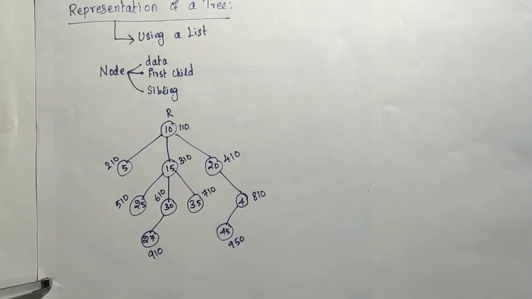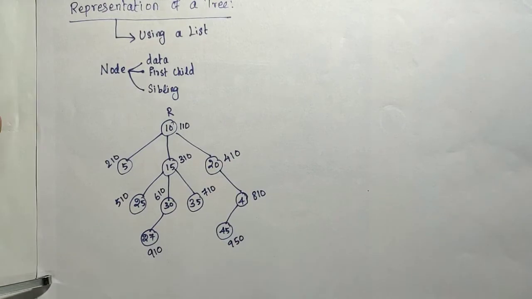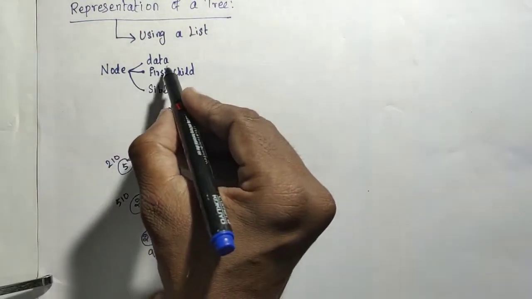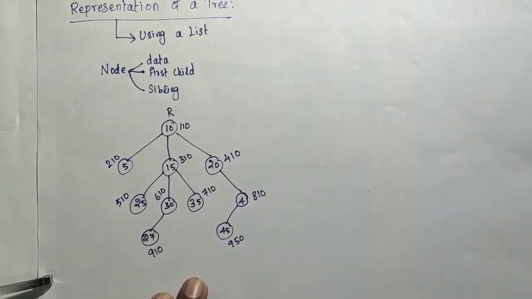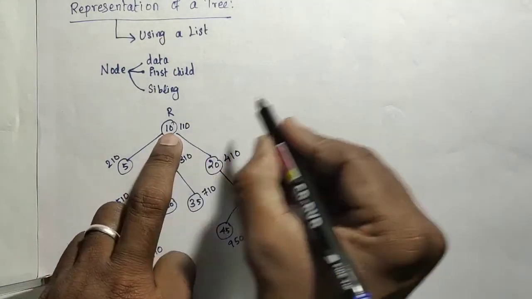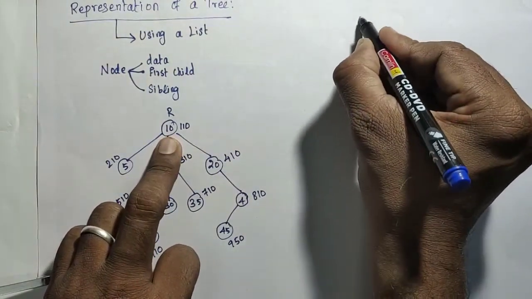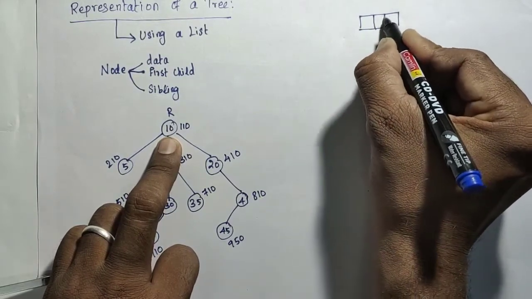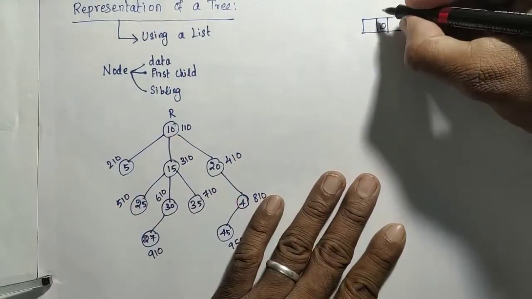So I have assigned the address for each node also. Actually each node contains the data, the address of the first child and the address of the sibling. So this is the root. The root contains three fields. One is the data field, that is 10. This is the data.